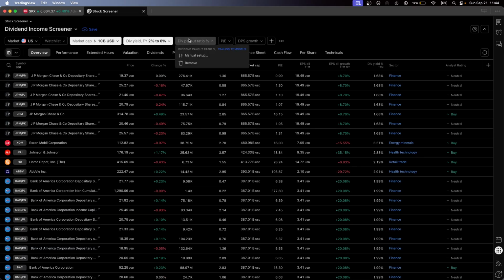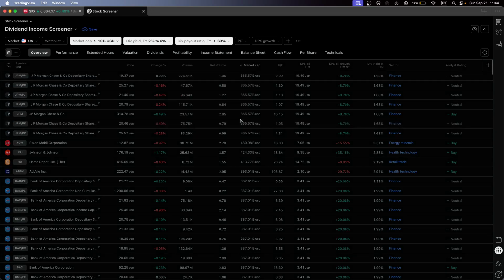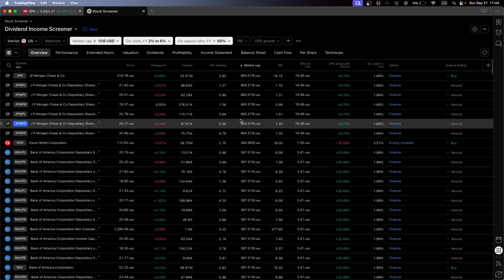And for dividend payout, I keep it annual, we keep it below 60% dividend payout ratio. So this is a very important dividend safety filter. Why is that?